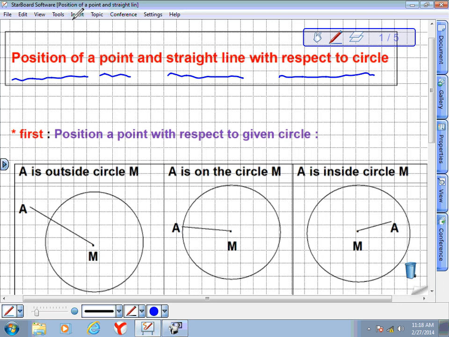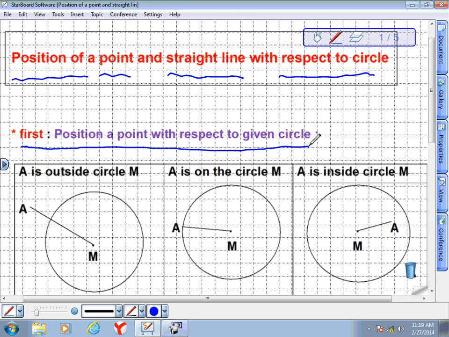Firstly, we will start with the position of a point with respect to a given circle. Here we have three cases for the point related to a circle.